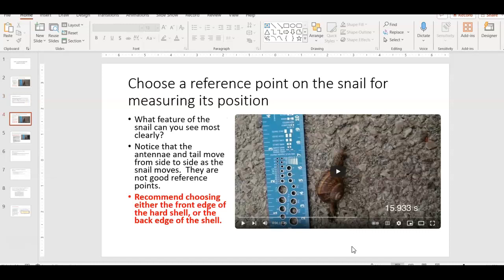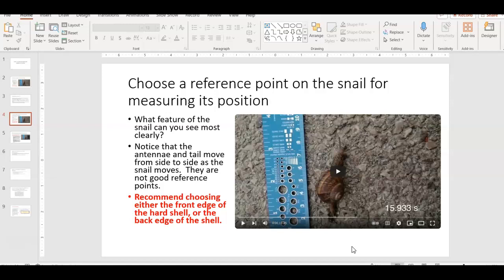So before you start getting data, you'll need to think about how you will measure. And the first thing, I think, is to choose a reference point on the snail for measuring its position. You don't necessarily have to choose the leading edge, the little antenna at the top of the snail, or the tip of its tail.